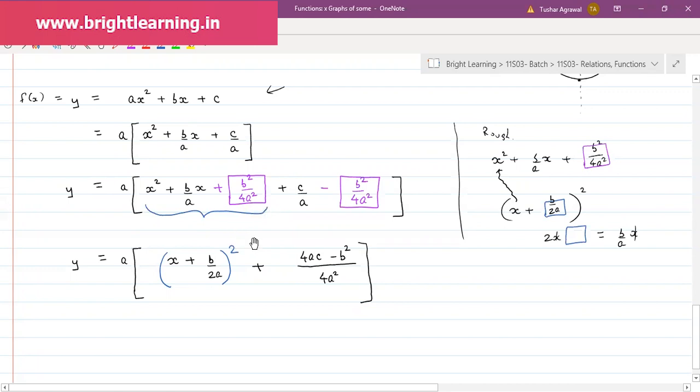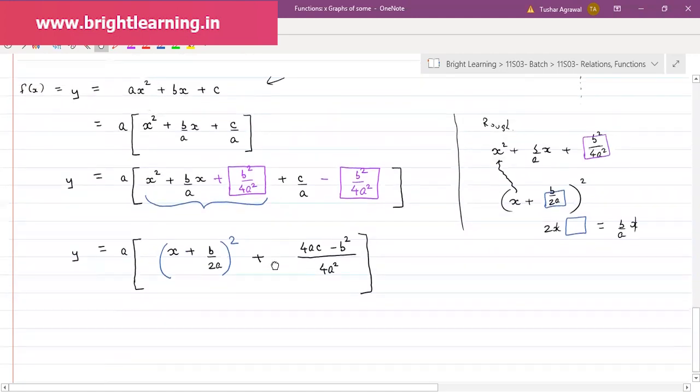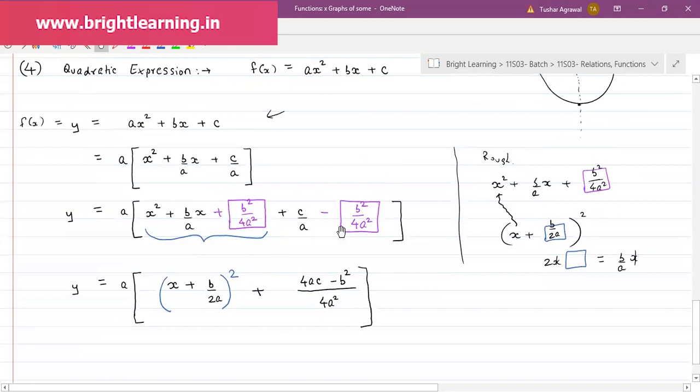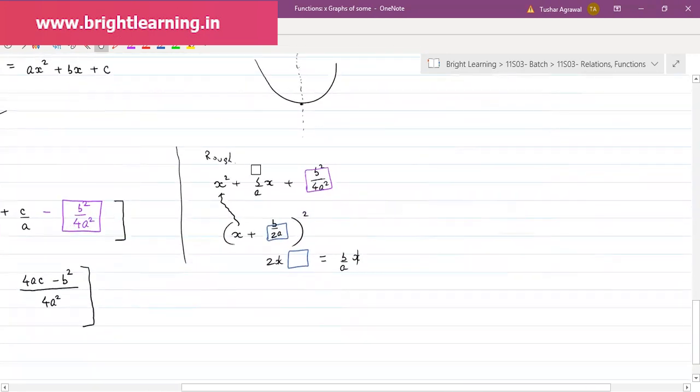Okay, so if this point is clear, now I will give you a short glimpse of graph transformation. Since we are dealing with graphs of all the functions, I will just give you a glimpse of graph transformations.